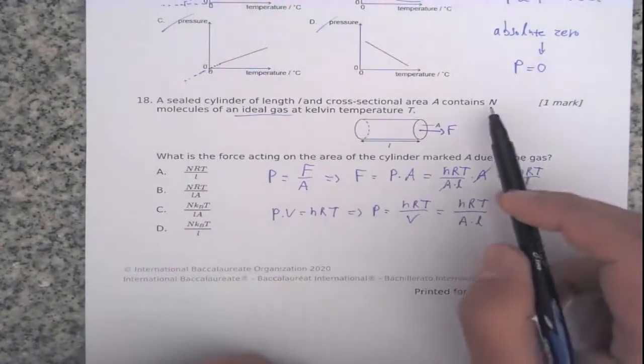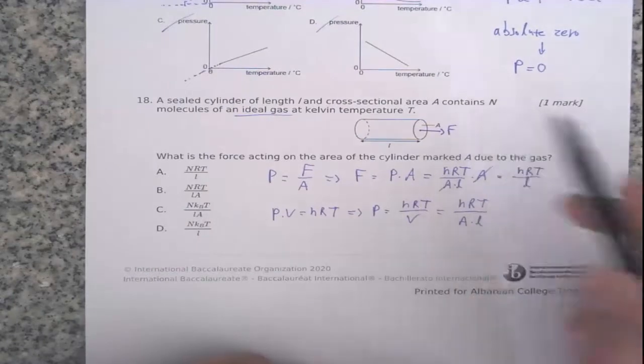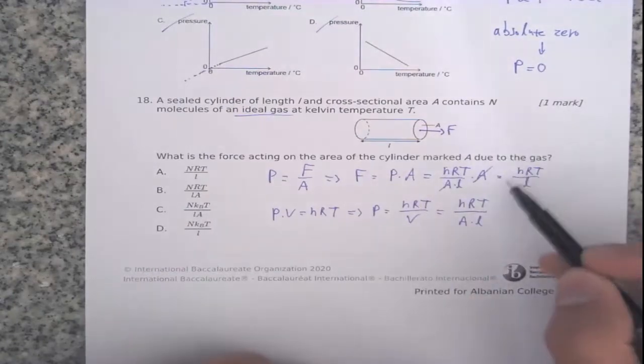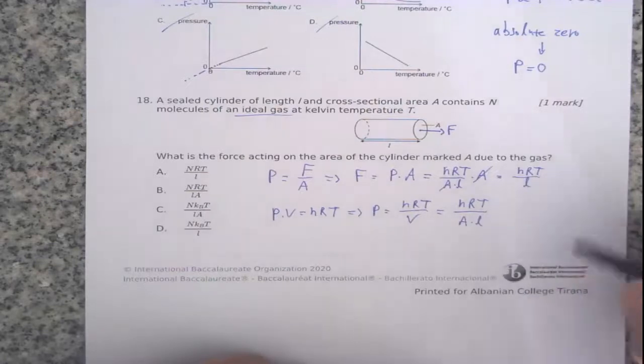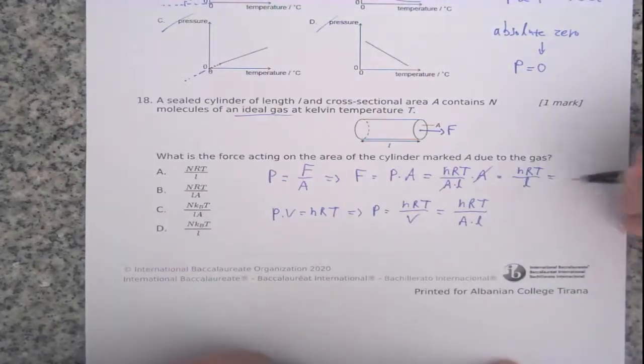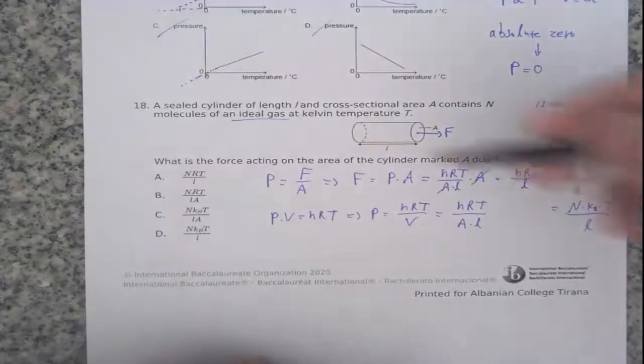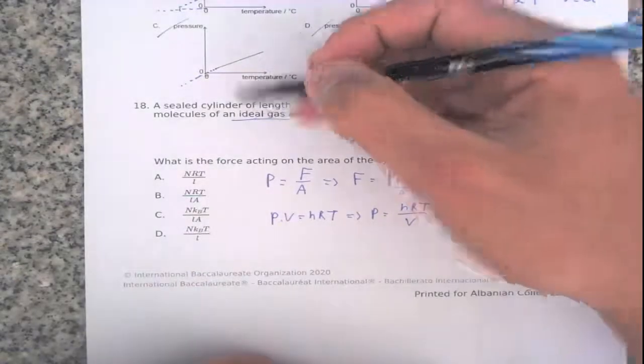I have the N molecules, so I need somehow to involve this. In order to do that, you know that the small n is the molecules over Avogadro's number, times R times T over L. But this relationship gives you the Boltzmann constant. So from here you have N times kB times T over L. And of course this one is the answer D.